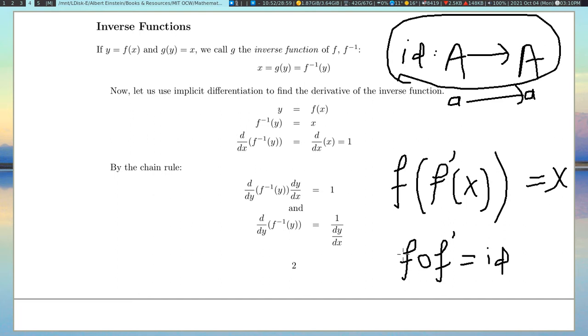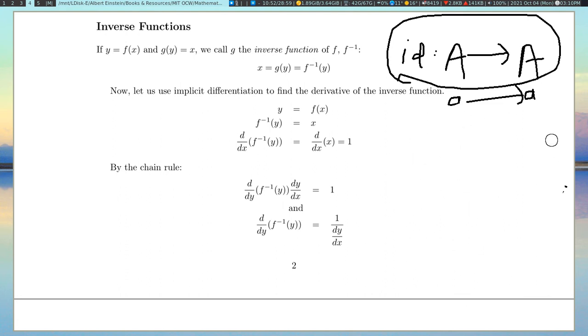So the inverse is the function that, when you take the composition with respect to the original function, gives the identity. And what does that mean? When you're evaluating at some x, you always get x back, because that's what the identity function does. That's what the inverse actually means: when you take the composition with the original function, it gives you the original value.